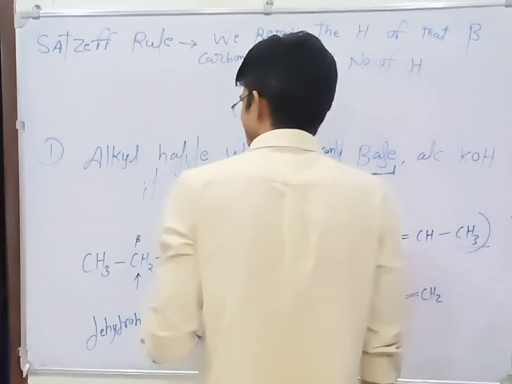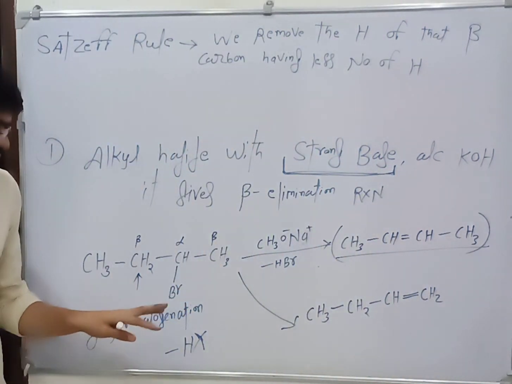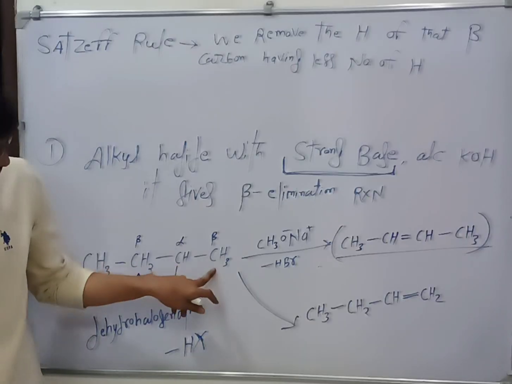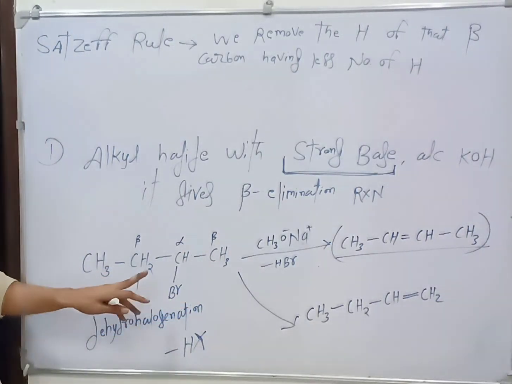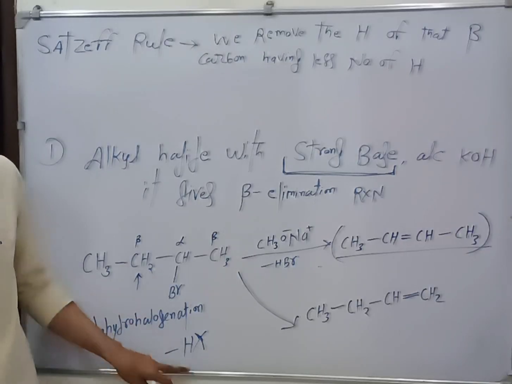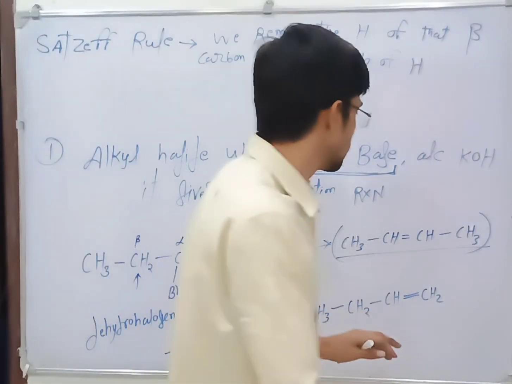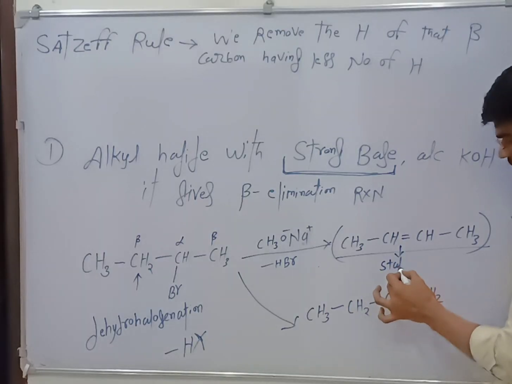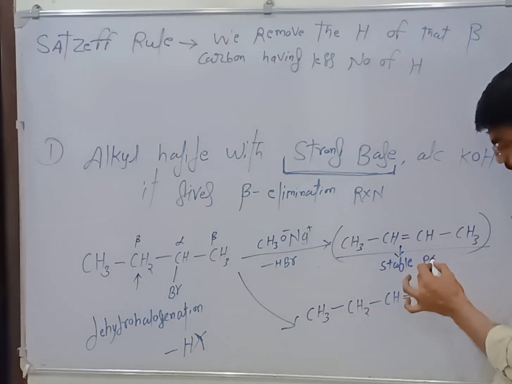Here we can see there are two beta carbons. So we have to remove, and this carbon has two hydrogens, this carbon has three hydrogens. So we will remove the hydrogen from this carbon. Okay, so that is why this product will be the more stable product.